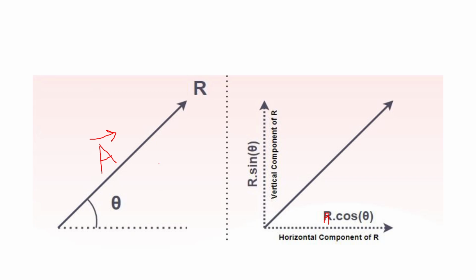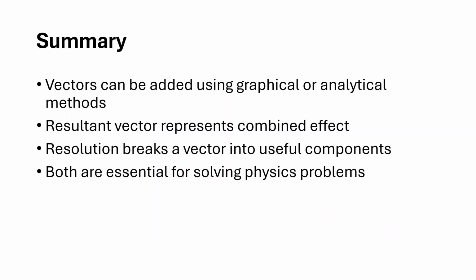This is the vector A. This is the horizontal component of the vector, written as A cos theta, and this is the vertical component, called A sin theta.